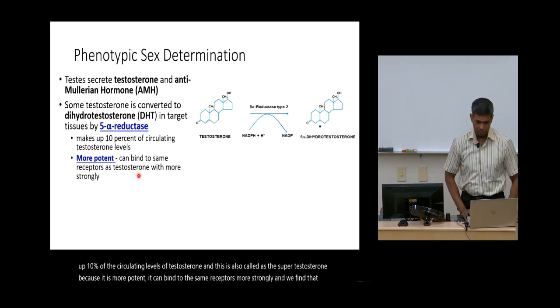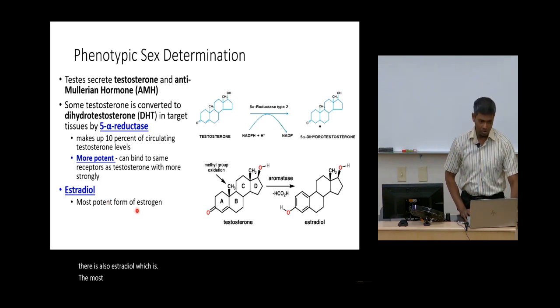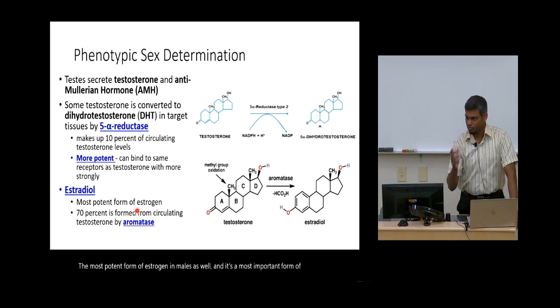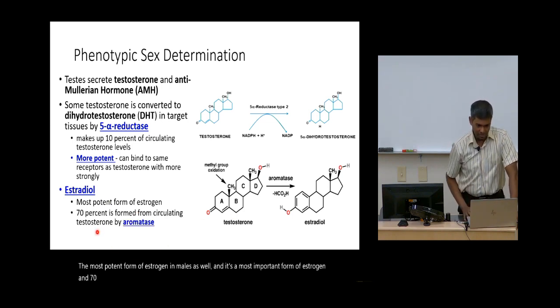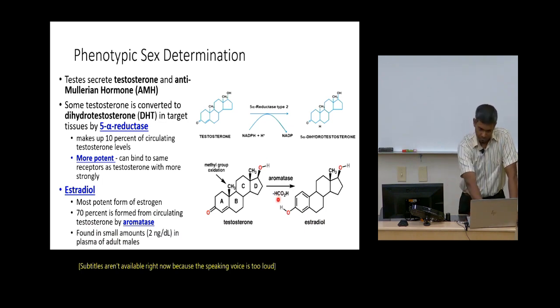And we find that there is also estradiol, which is the most potent form of estrogen, in males as well, and 70% of the estradiol is produced by the conversion of testosterone into estradiol, and the enzyme involved in this is aromatase.